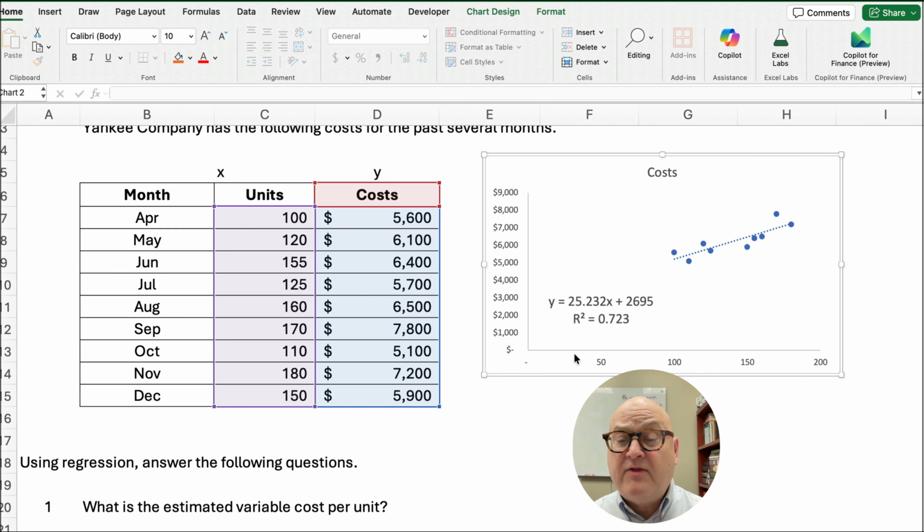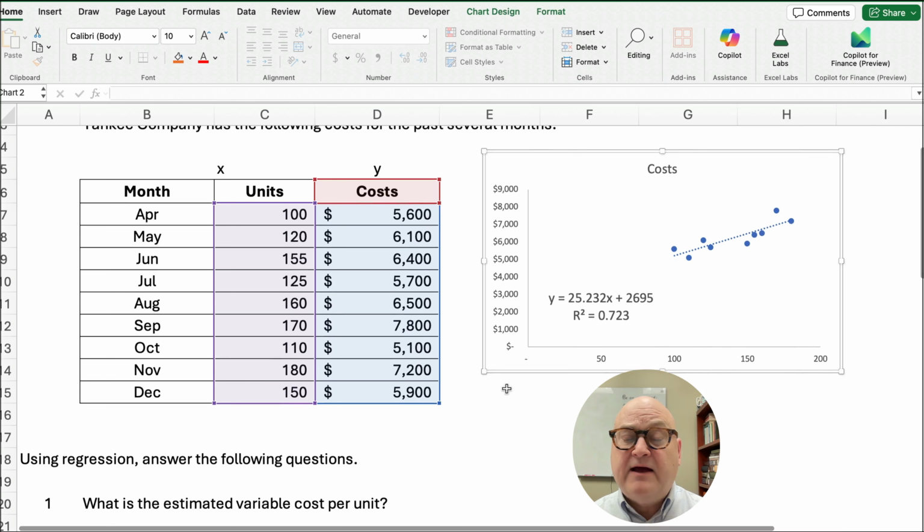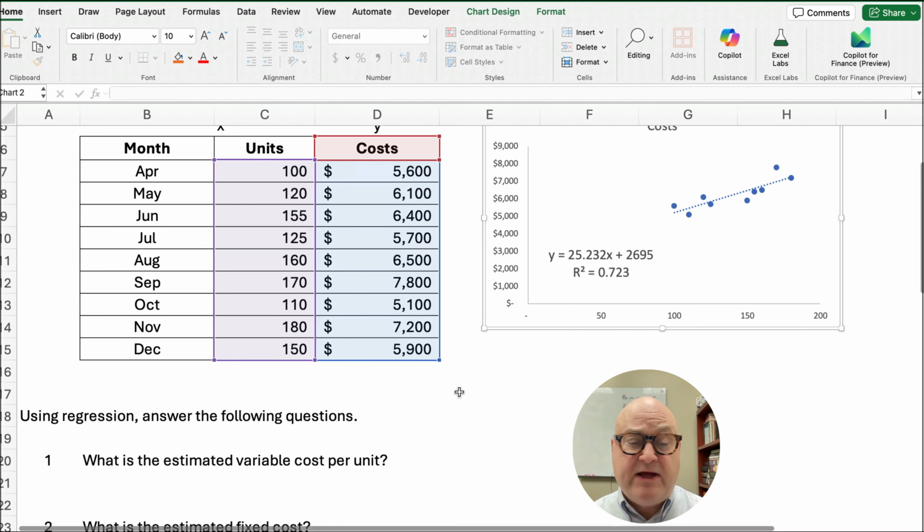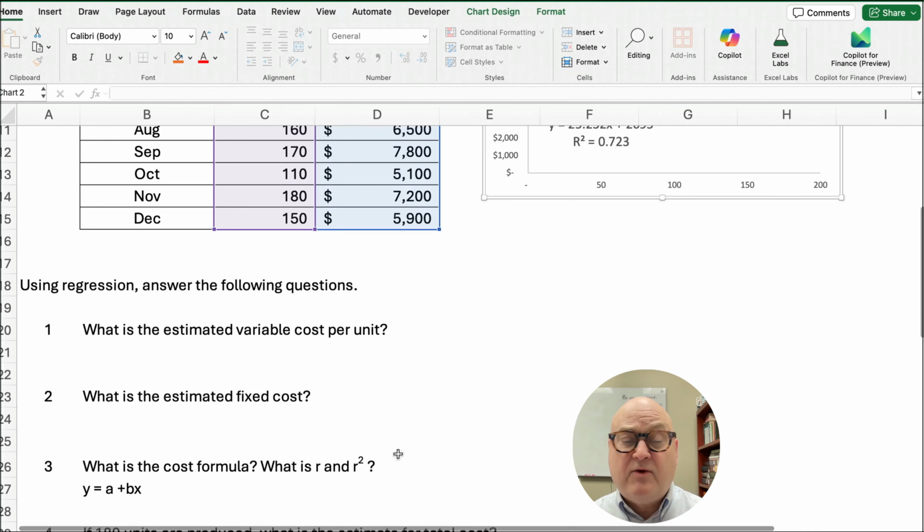So here we have the cost equation. Let me write down the cost equation.